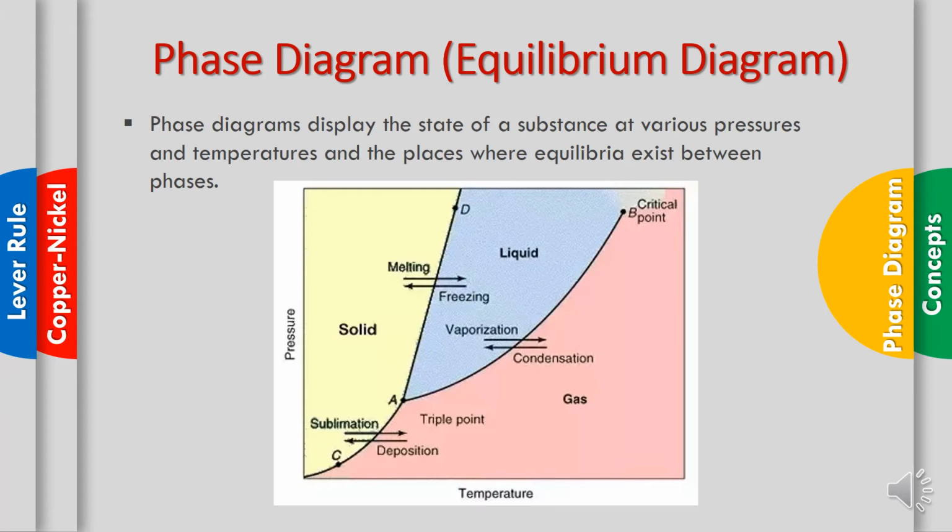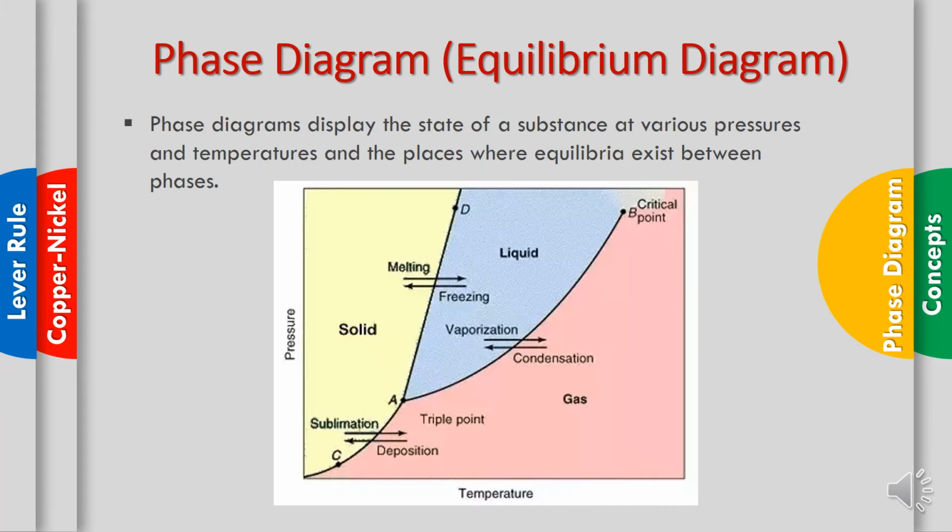Okay, here is a kind of phase diagram, but previously we learned in chapter 3 about solid-liquid transformation, where we introduced melting, freezing, and liquid to gas where it will vaporize, or gas to liquid where it will condense.